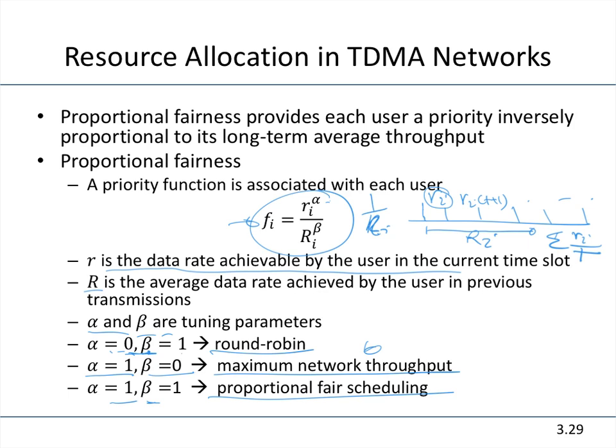But if over time I see that this particular Ri is taking so many resources, the average will go up, which will take this ratio down. So this will discourage me from giving that user extra resources. It's similar to the log. So this ratio is similar to the log.